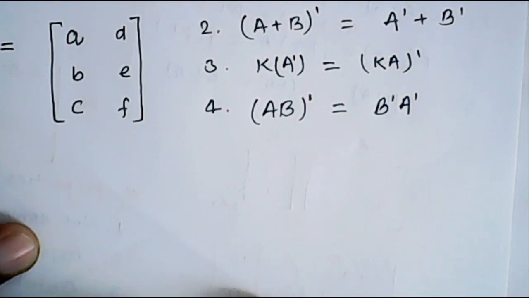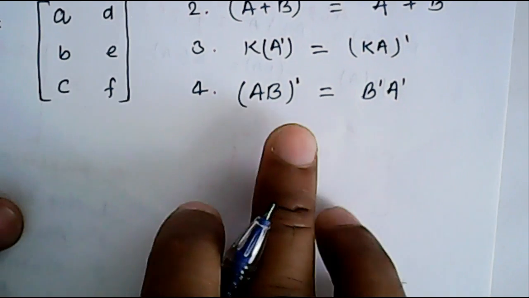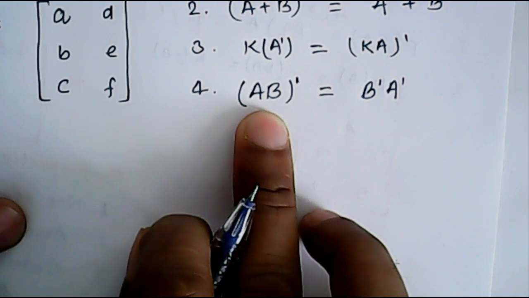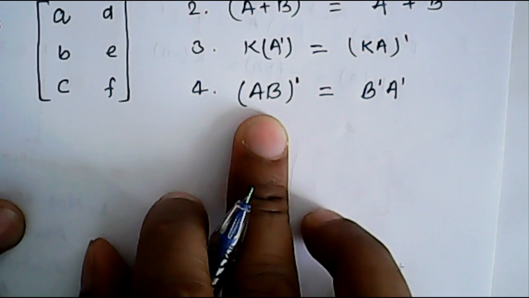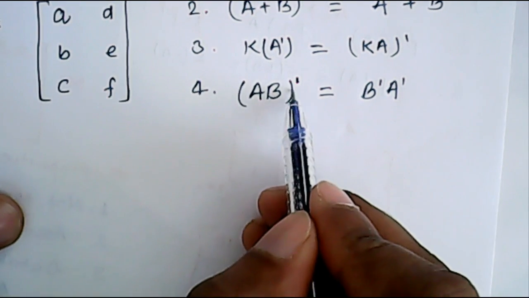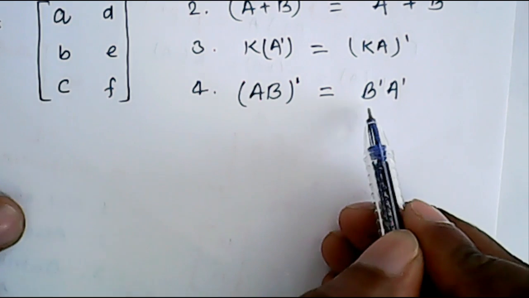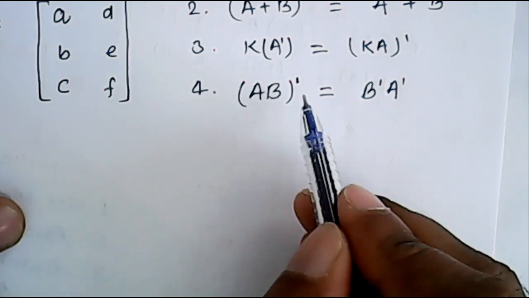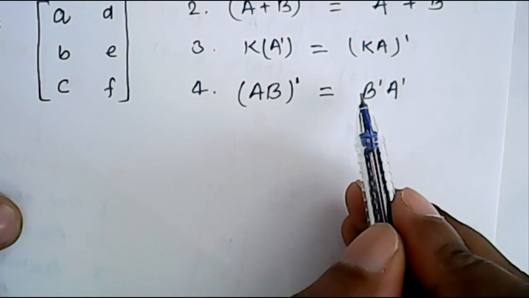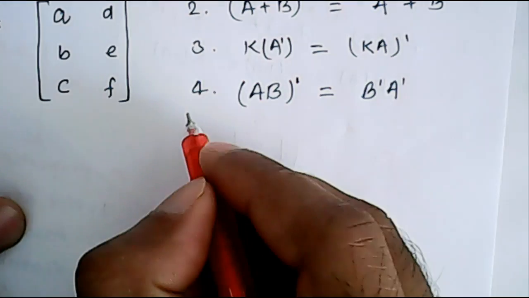As we have mentioned many times, the order of multiplication matters in matrix multiplication. So here it is AB, here it is BA. When you take the transpose of a multiplication of two matrices and want to break the bracket, the order will be changed.